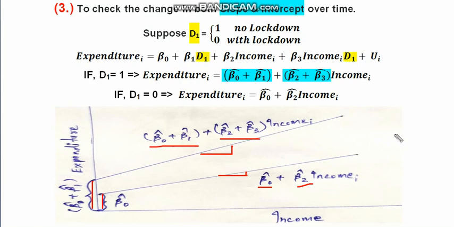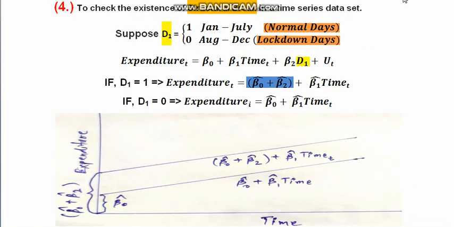So generally we can understand it this way, or we can make use of the dummy variables in our multiple regression model. Lastly, dummy variables may also be used to check the structural break in a time series data set.